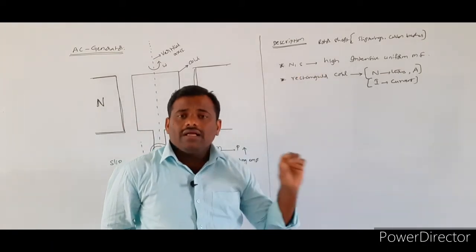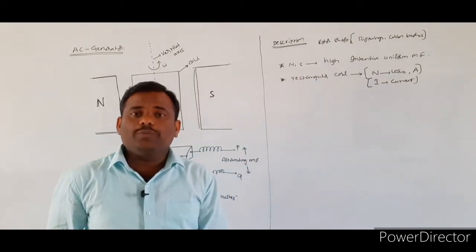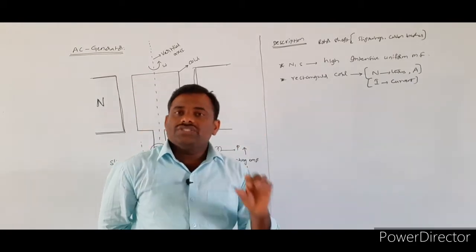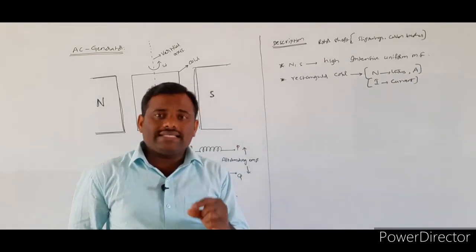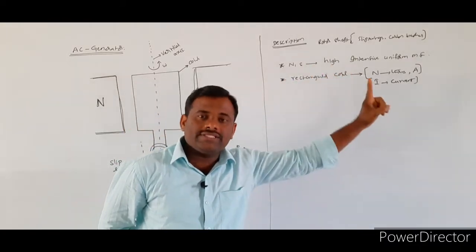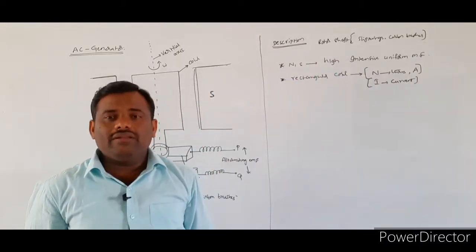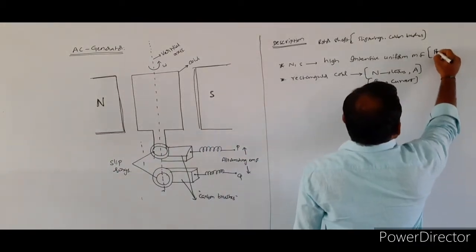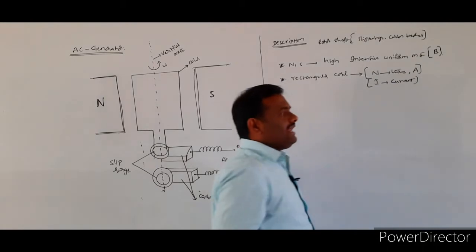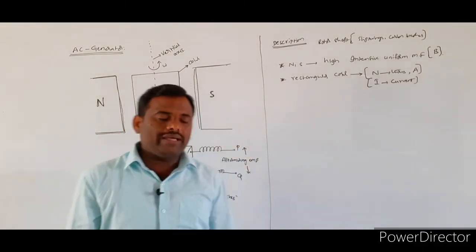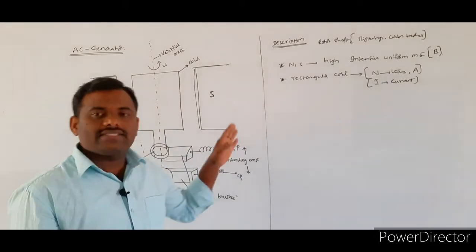We assume a strong magnetic south pole as well as the north pole. What is the need of that? Means that is producing what? A high intensive uniform magnetic field will be produced. Its magnetic field intensity will be represented by capital B, where capital B is indicating what? The magnetic field strength which is produced by the north pole as well as south pole.